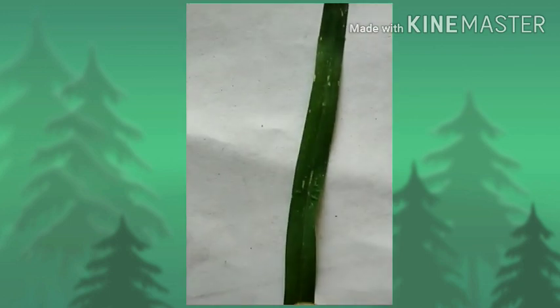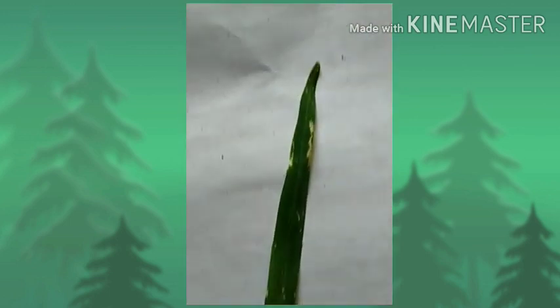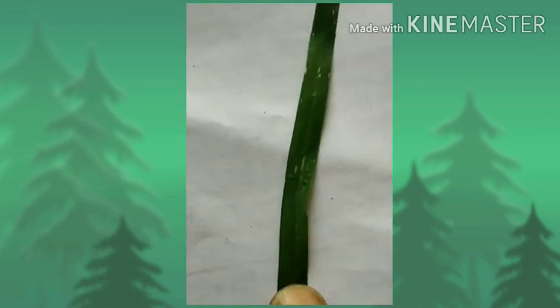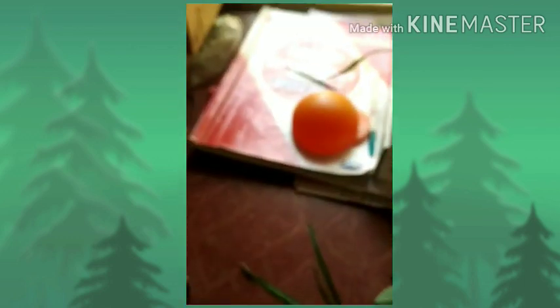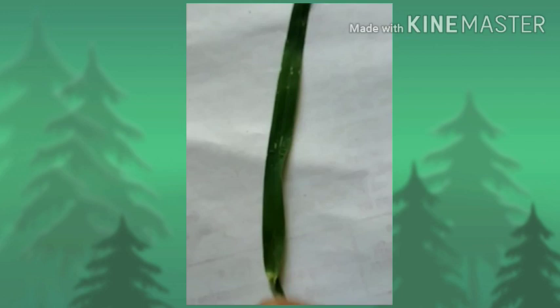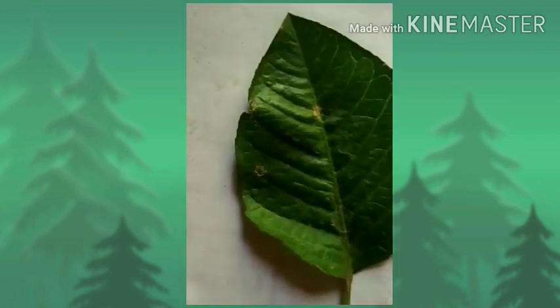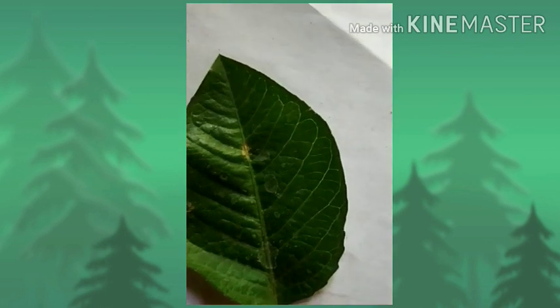That means the veins are running parallel to each other. You can compare with the leaves of sugarcane or any kind of grass. So all these have parallel venation, the veins which run parallel to one another. In dicot, we have reticulate or network of veins.